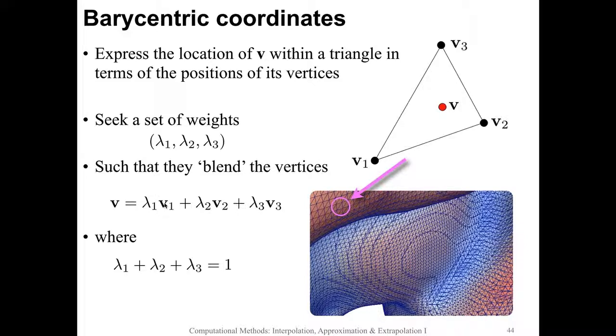So remember, V here written in bold represents a vector, and it's in fact the position vector for V1, V2, and V3. Lambda 1, lambda 2, and lambda 3 are scalars, and these scalars are used to blend our vertices, and when we add them together, what we would like to have is that we end up with the position of V. The main requirement is that the lambdas, lambda 1, lambda 2, and lambda 3, sum up to 1.